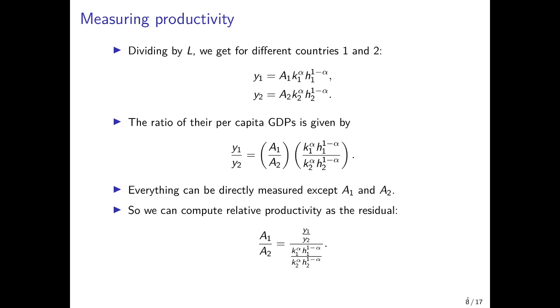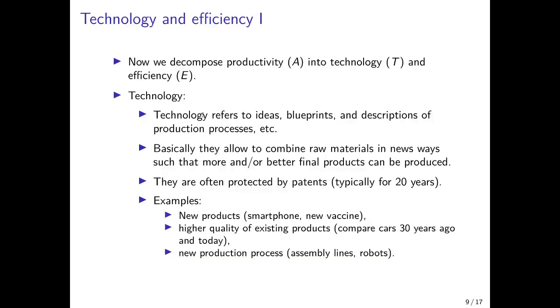Now moving further onwards, we decompose productivity and productivity differences across countries into the components: the true technological differences between the two countries, denoted by uppercase T, and efficiency differences, and we denote efficiency by an uppercase E. Now first, what's technology at the core?